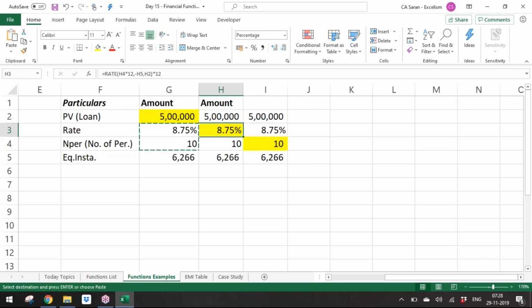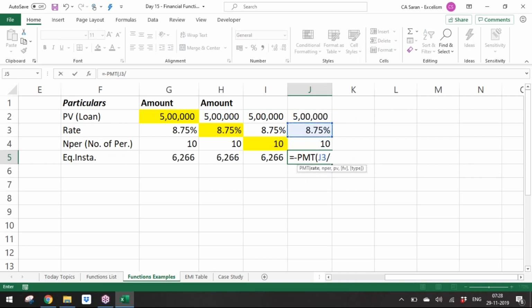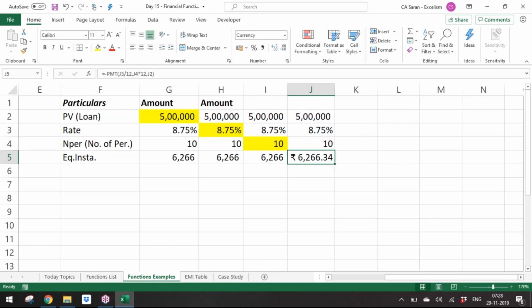Anyway, how to get the equated installment we already covered. So this is equal to PMT, then rate divided by 12, then this into 12, then this is the one. So if you know three parameters, the other parameter is very simple.